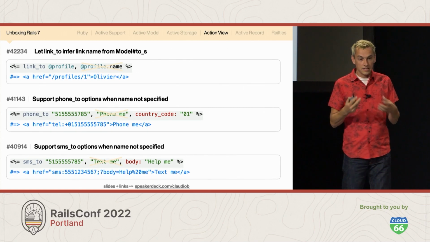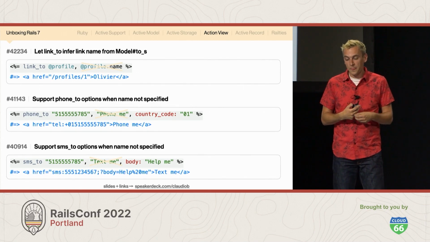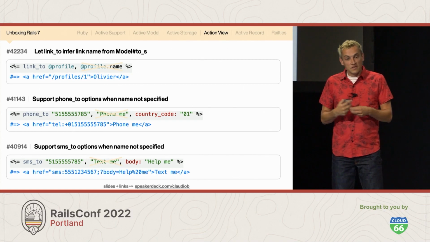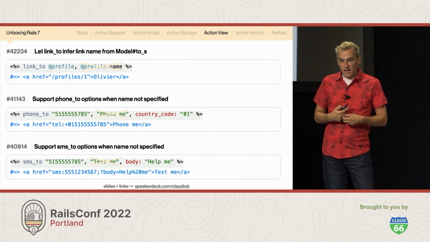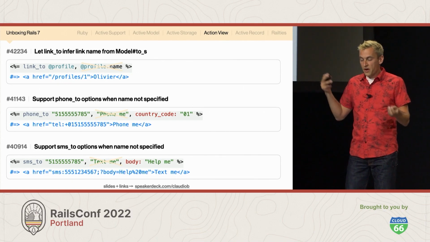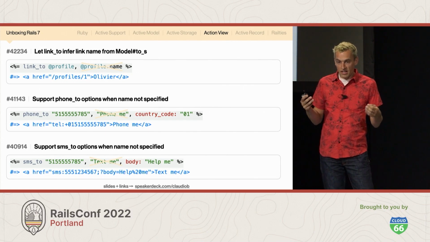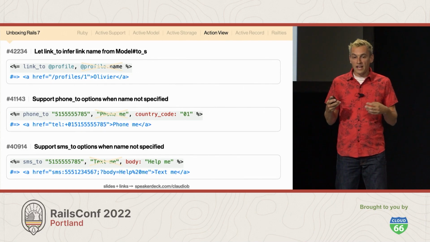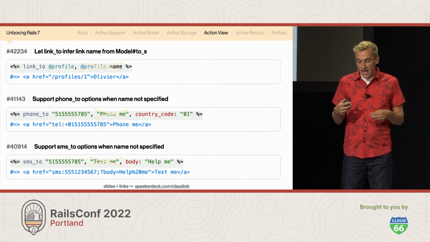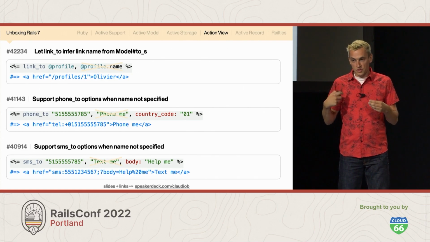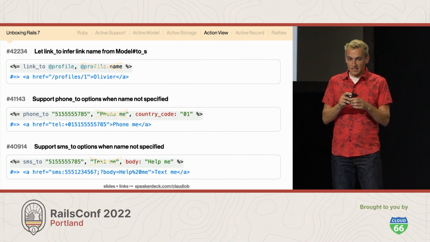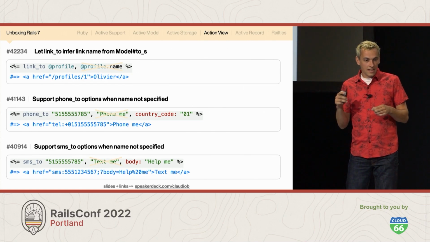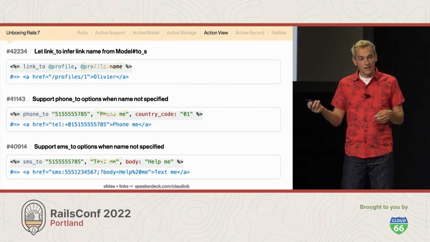Or it's the same with sms_to. It's just going to show the number. And in the case of link_to, if you have a conventional resource, let's say you have a table of profiles, and every profile has a name, and that's what calling to_s returns, then Rails is going to be smart enough to just use the profile name as the link caption, and then when you click on it, it's going to go to that profile page.